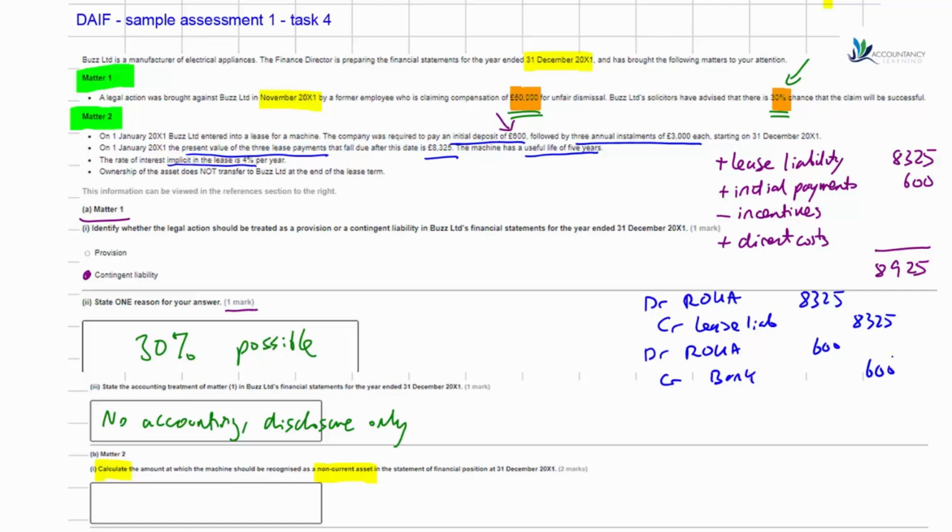And that's the 2 double entries for those 2 transactions. But remember, we did all of this on the 1st of January 20x1, which was a year ago.